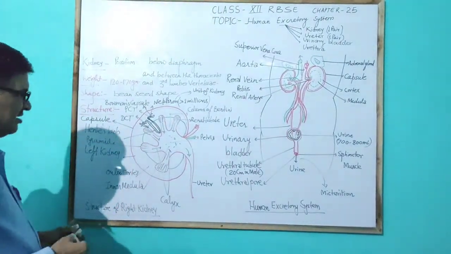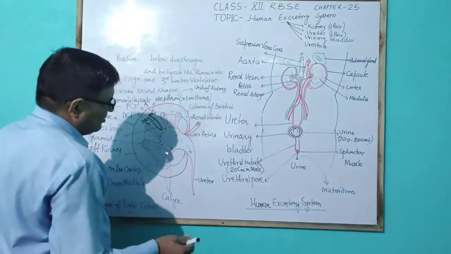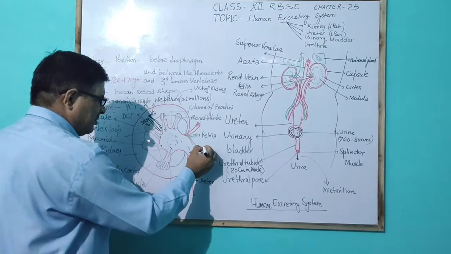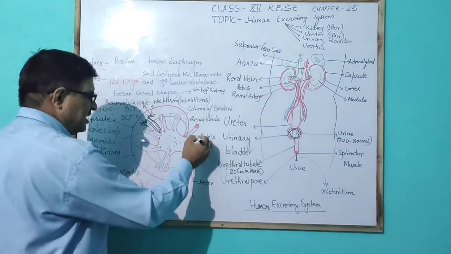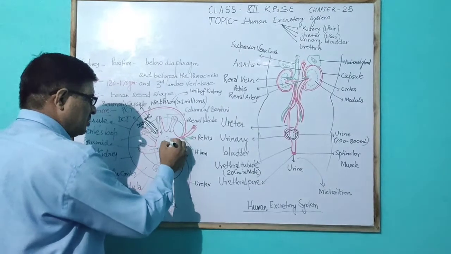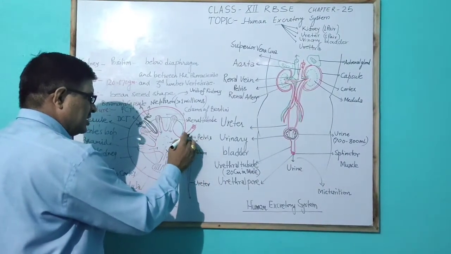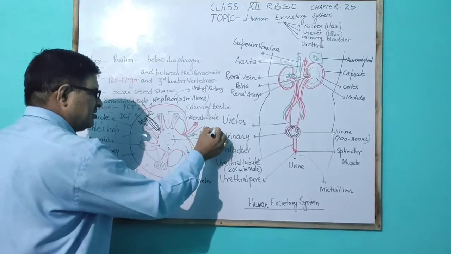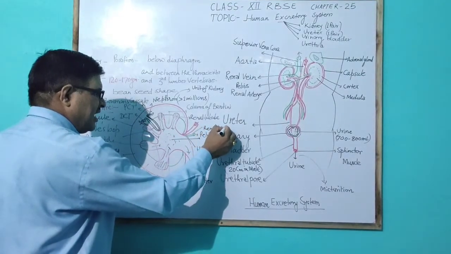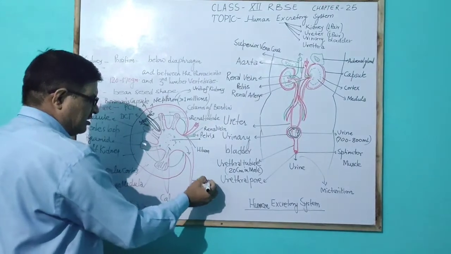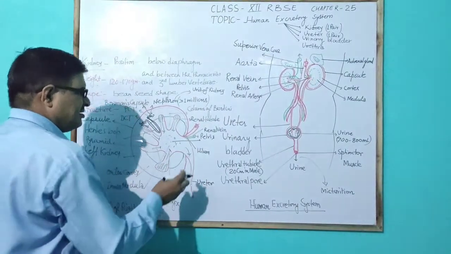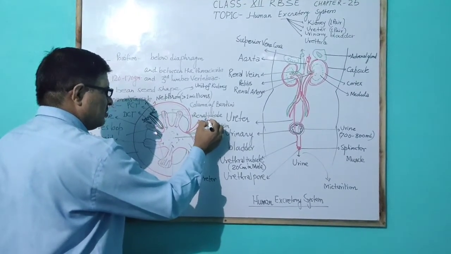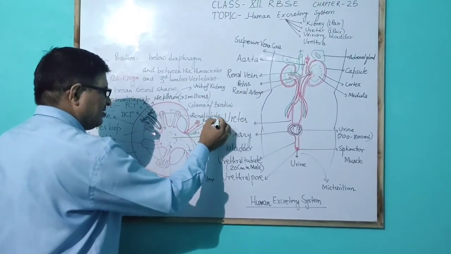Here, this groove structure is called the hilum, where the renal vein and ureter come out, but the renal artery enters the kidney.